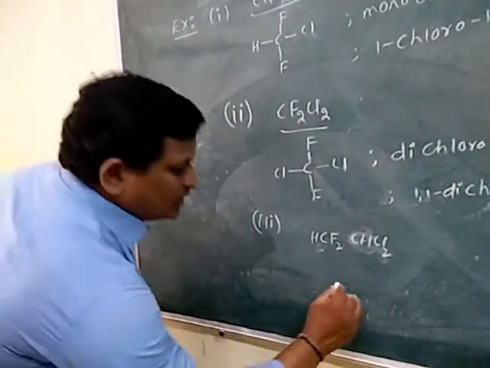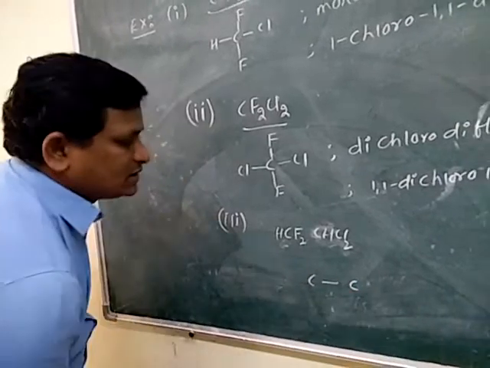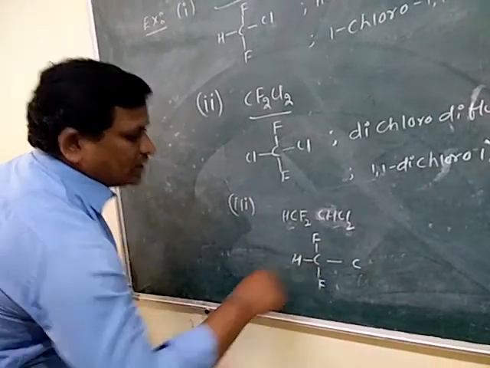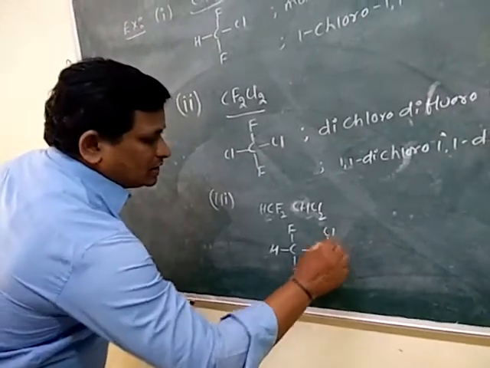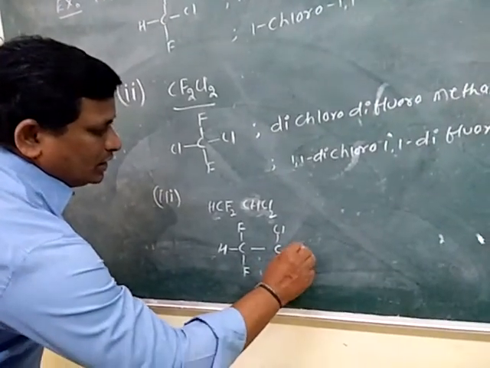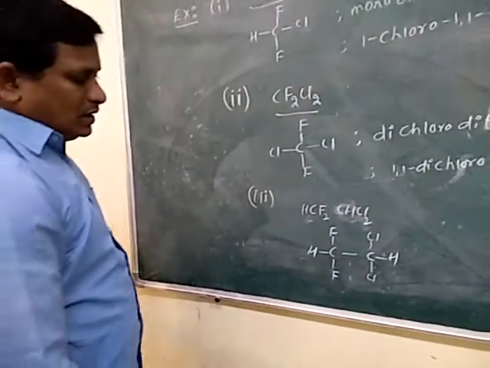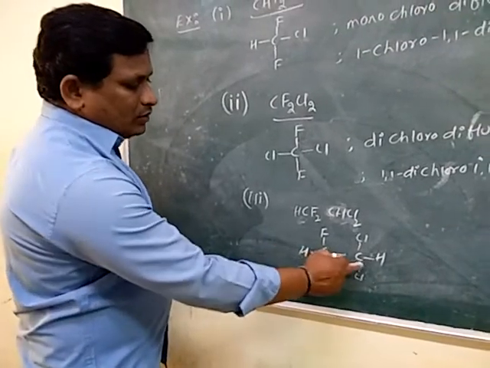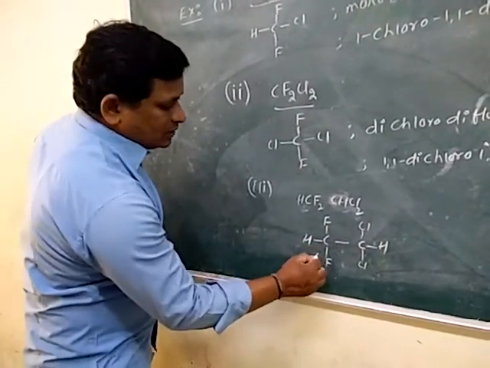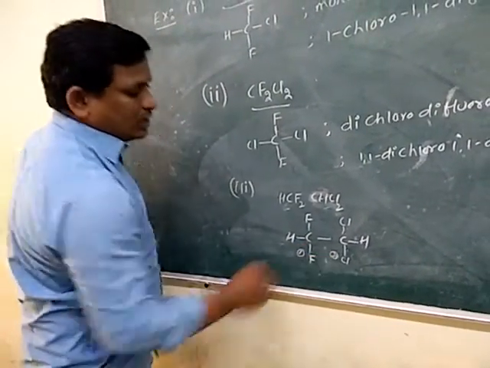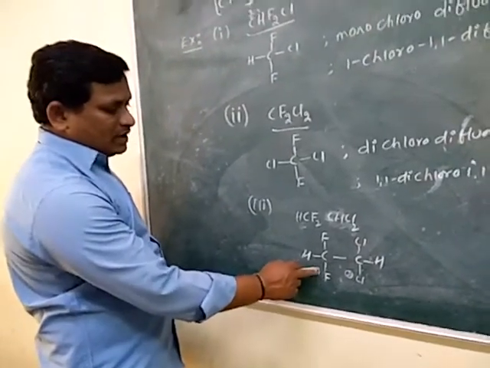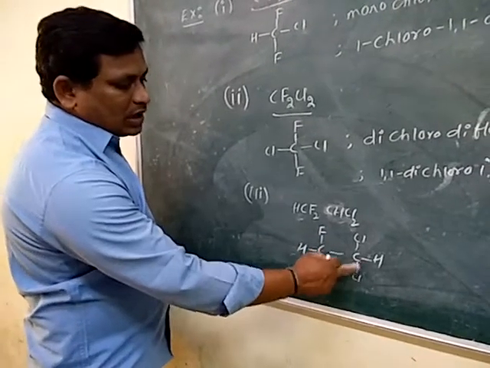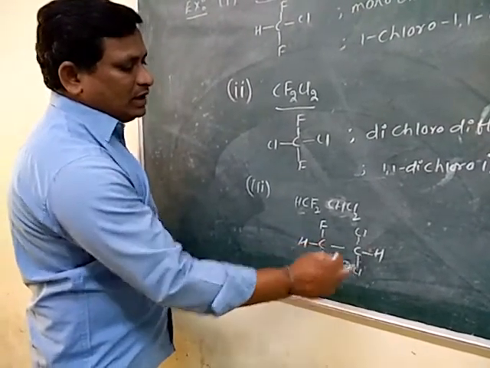Its simple representation is C single bond C, with fluorine, fluorine, hydrogen on one carbon, and chlorine, chlorine, hydrogen on the other. Fluorine with the first carbon, chlorine with the second carbon. So its IUPAC name is 1,1-difluoro-2,2-dichloroethane.